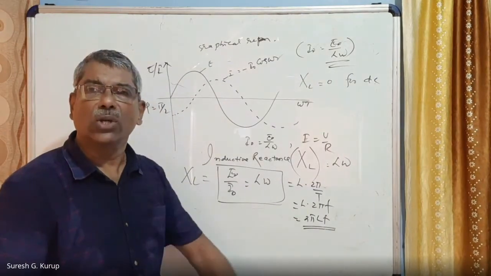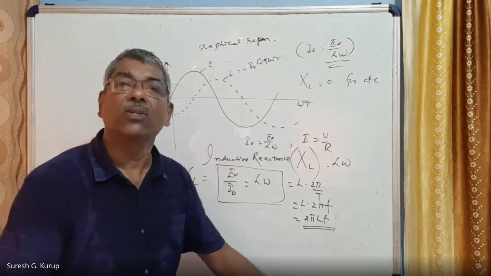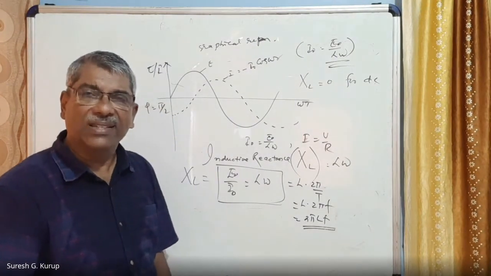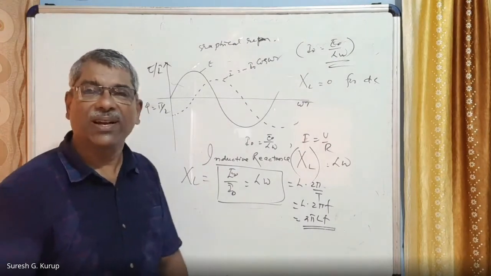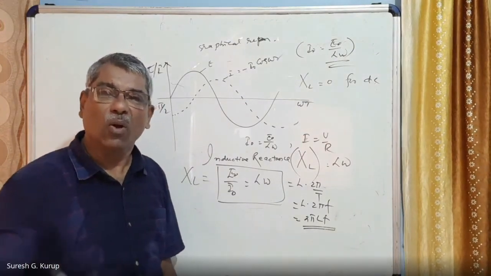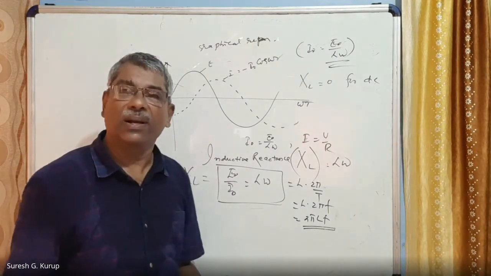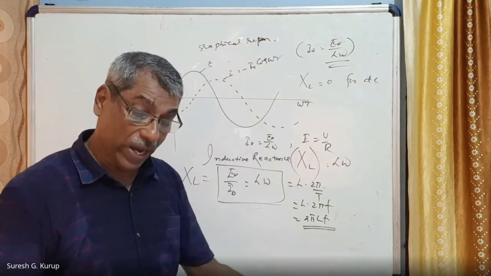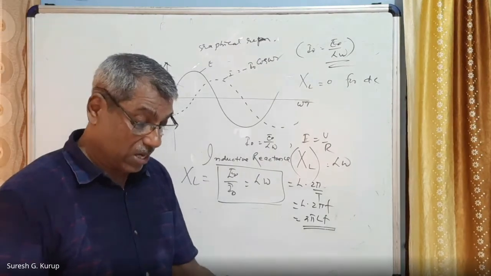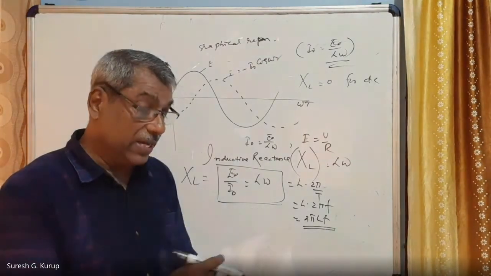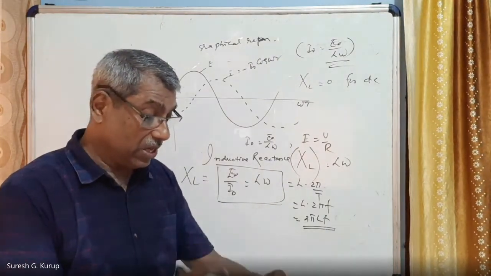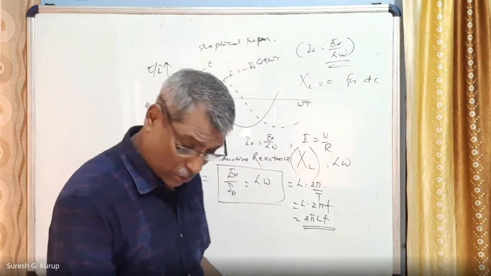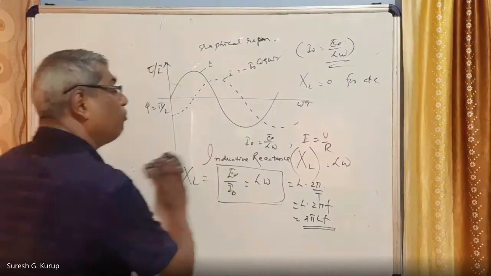That inductor does not offer any reactance at all. But some resistance will be there, because a coil is made of copper wire, and some resistance will be offered by that copper wire. So for DC, there is no reactance offered by the inductor.